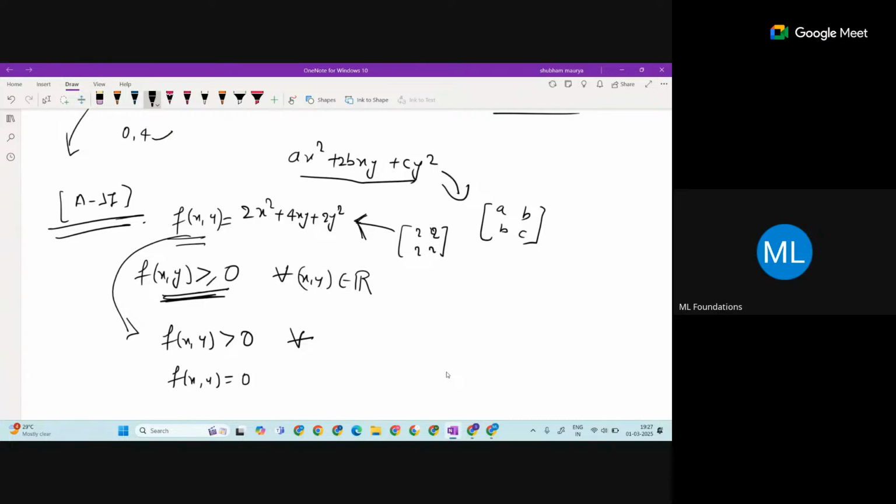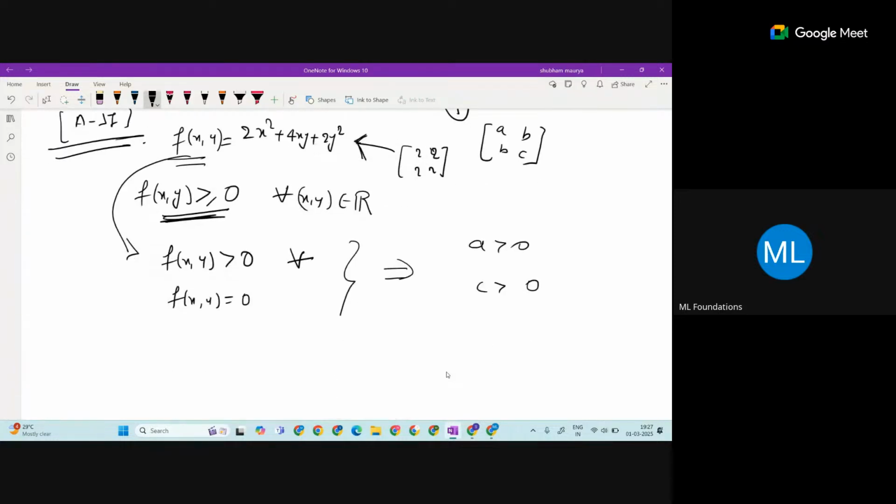Now we'll apply the conditions. When it is positive definite, the conditions are A should be greater than 0, C should be greater than 0, and AC minus B squared should be greater than 0.